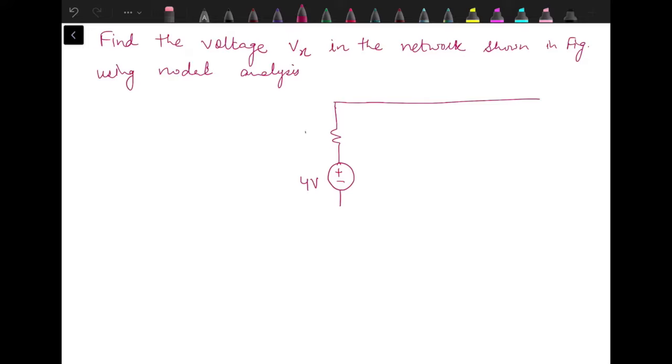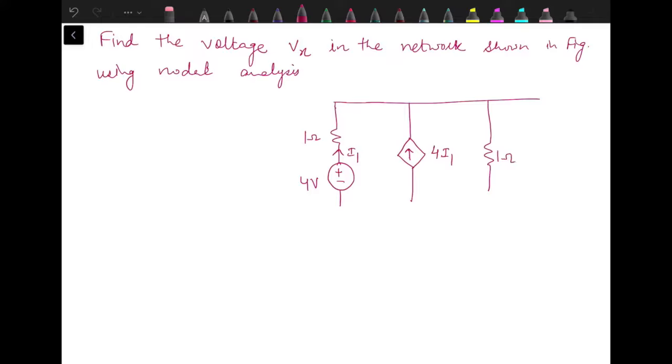Here we have an independent voltage source. Then we have a dependent current source which is supplying 4 times I1. I1 is the current through this 1 ohm resistance. So it is a current dependent current source.